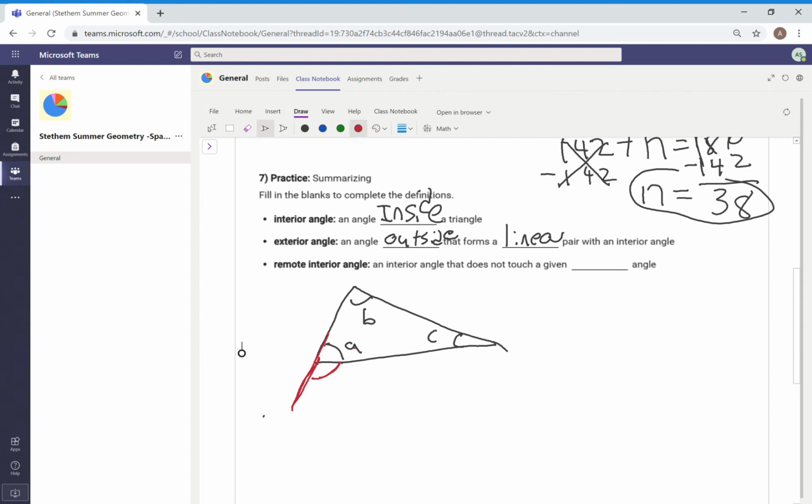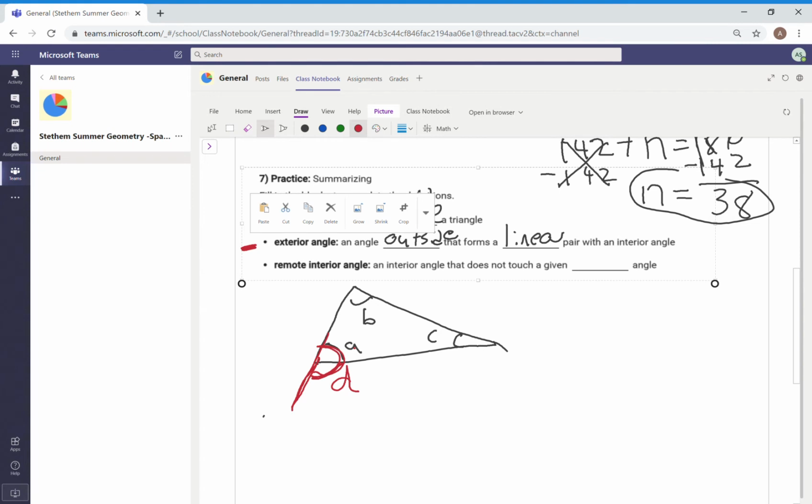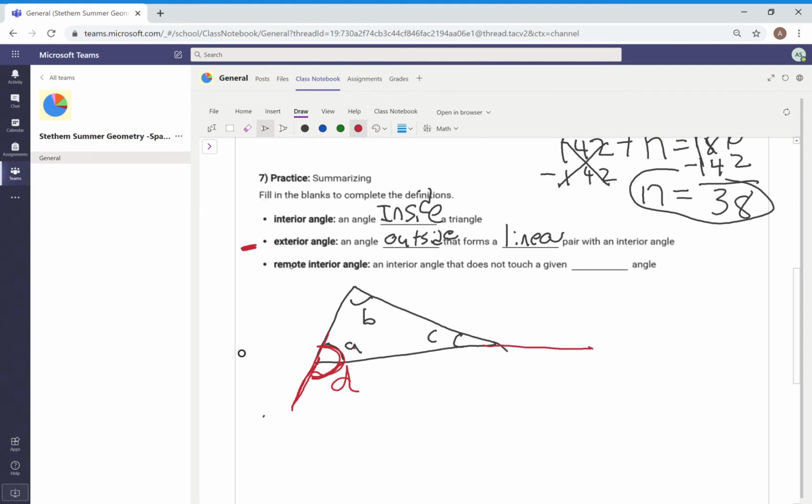So if I went from here to here, from one side to the other, I'd have a full line. It's a linear pair, a pair that makes a line. So I could call this ABC, I'll make this D. D would be an exterior angle. And I could do this with any of them. If I extend out this line, well, these two make a line together. So ABC, we'll call this E.